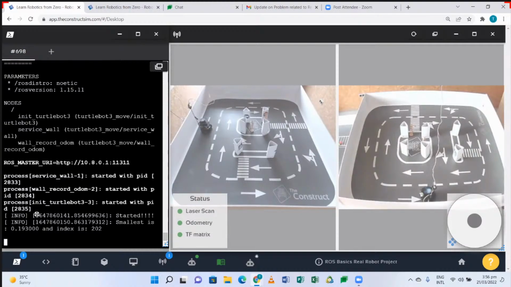So the service is running right now, and it's looking for that smallest value. I'm assuming it's going to do a whole turn. Yes, it will do the whole turn.